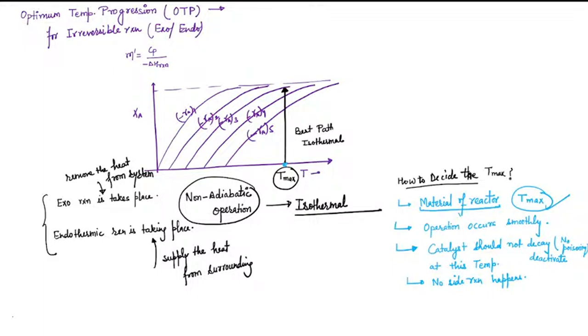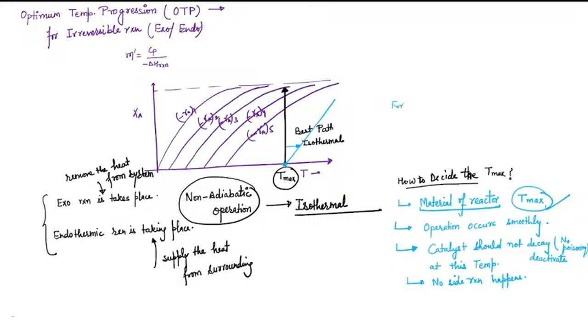If it is the Tmax and the reaction is exothermic, what will happen? The temperature will rise, which means we will move this side. In that case, what is the slope? The slope m prime is Cp divided by minus delta H reaction.